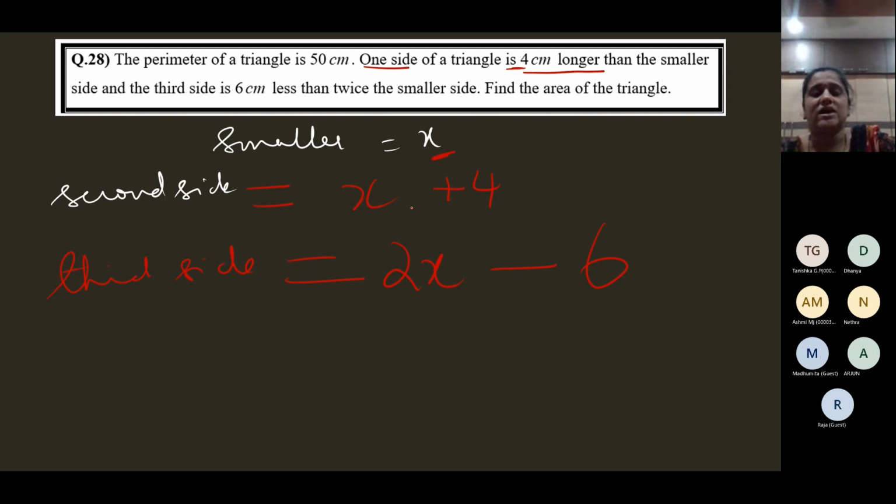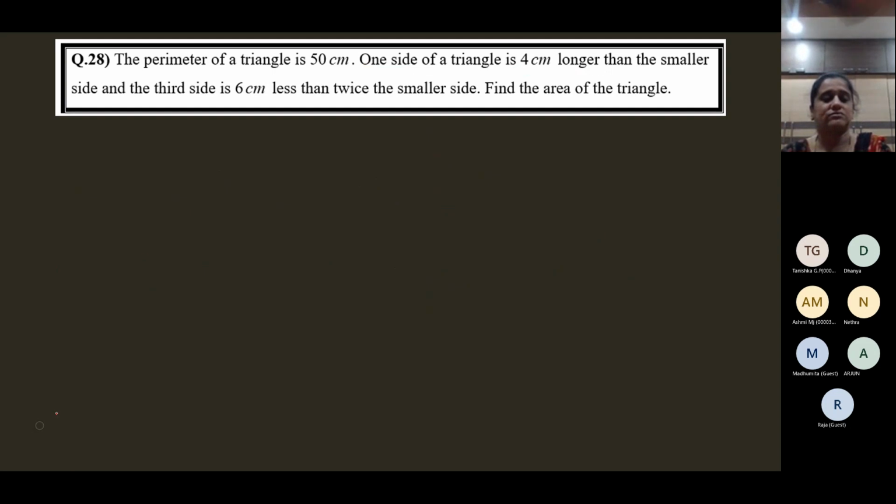One side is x, another side x plus 4, another side 2x minus 6. Am I clear, children? Yes, ma'am. You see here, the second side is 4 centimeters longer than the smaller side.